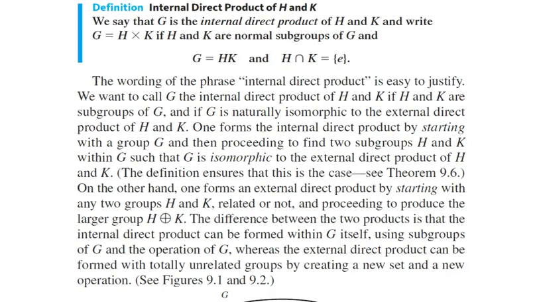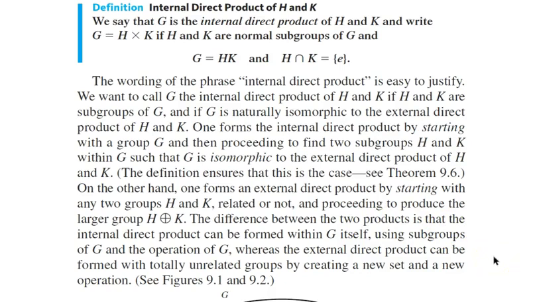We want to call G the internal direct product of H and K if H and K are subgroups of G, and G is naturally isomorphic to the external direct product of H and K. One forms the internal direct product by starting with a group G and then proceeding to find two subgroups H and K within G, such that G is isomorphic to the external direct product of H and K. On the other hand, one forms an external direct product by starting with any two groups H and K, related or not, and proceeding to produce the larger group, the external direct product of H and K.